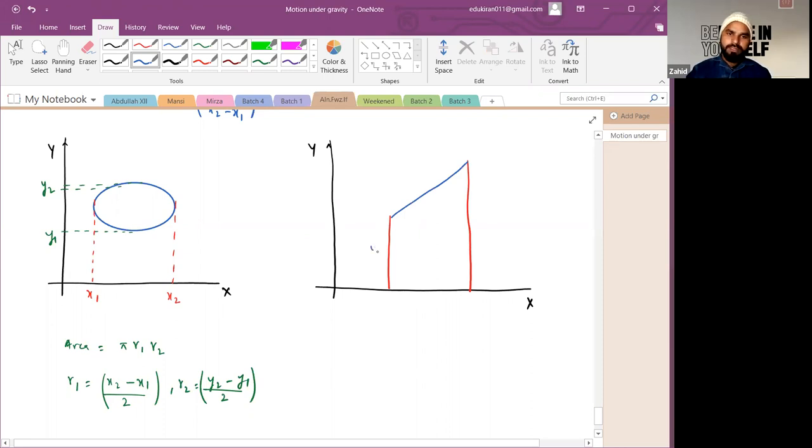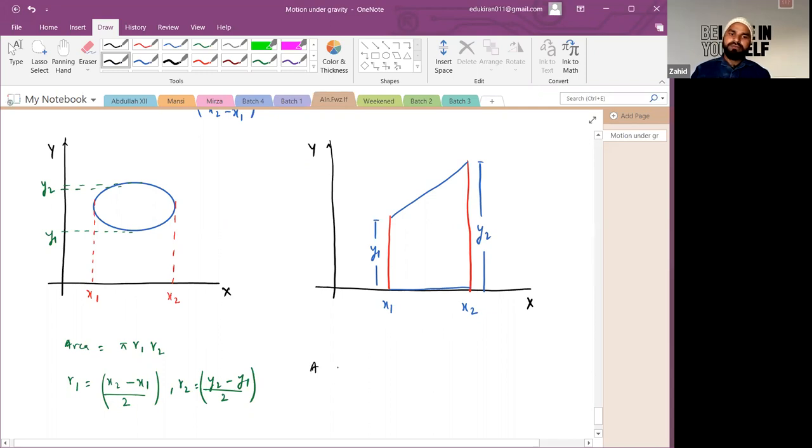So this particular line would have length y1, and this will be y2. The coordinate of this point is x1 and this one is x2. So this particular curve or geometrical figure is termed a trapezium.